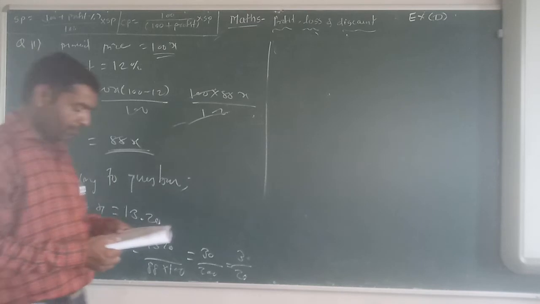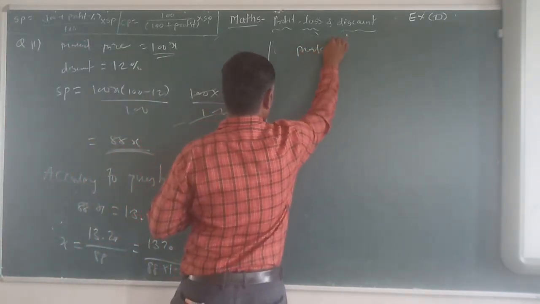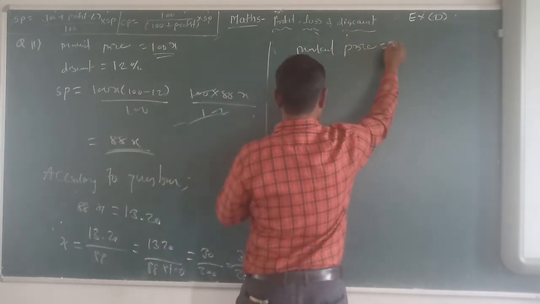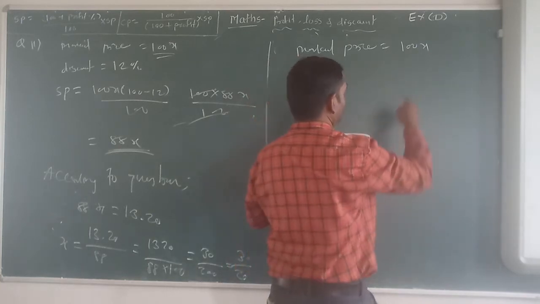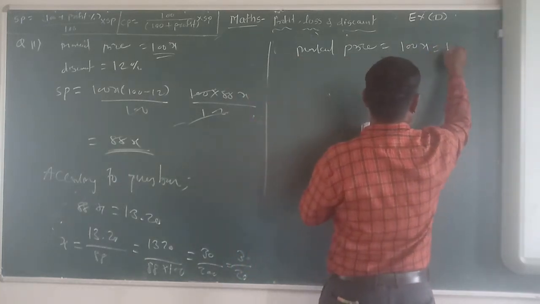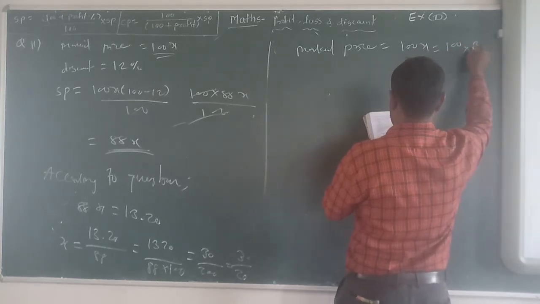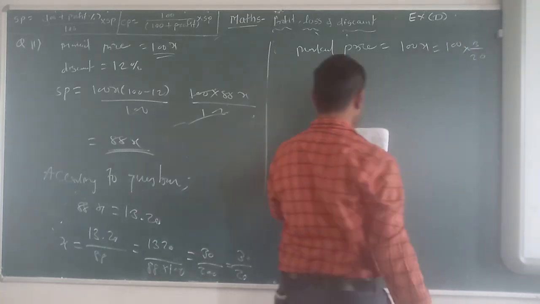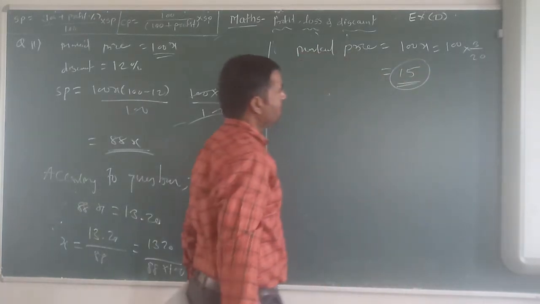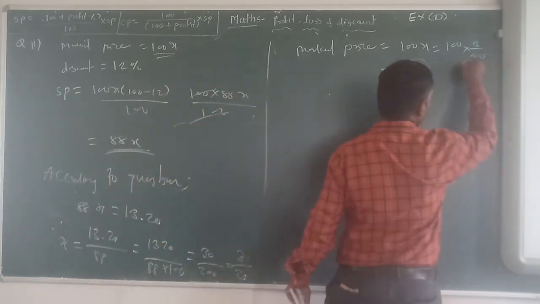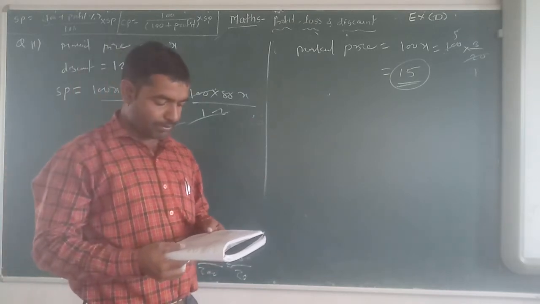Mark price is 100x, which is 100 into 3 upon 20, which will be 15 rupees.